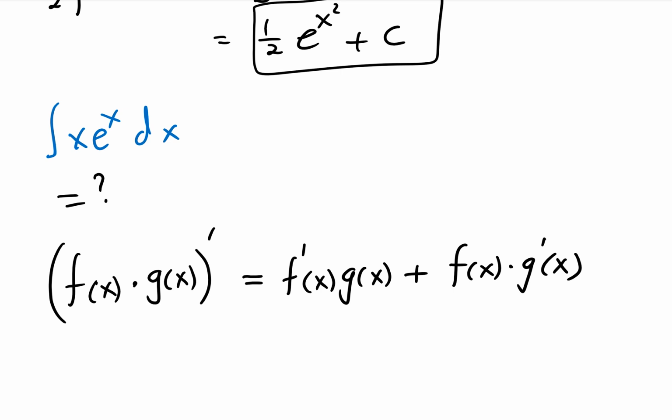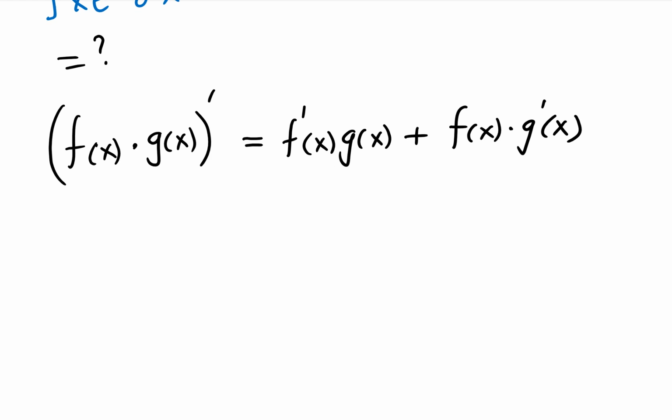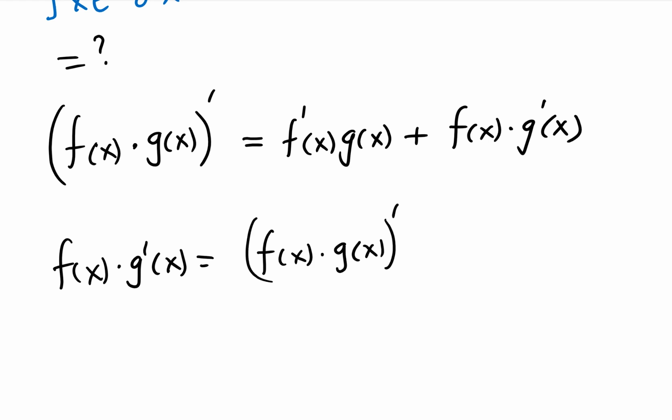What we are going to do from the product rule is rearrange this equation that we just got. I'm going to solve for f of x times g prime of x by keeping the derivative of f of x times g of x as is, and subtracting f prime of x g of x on both sides.